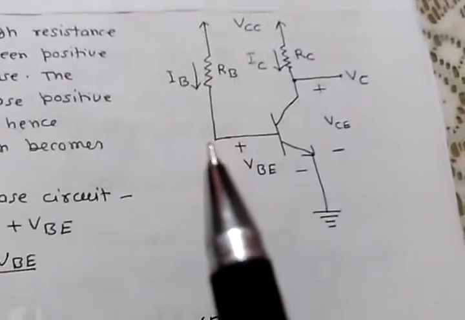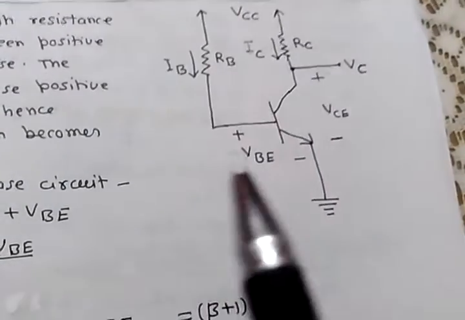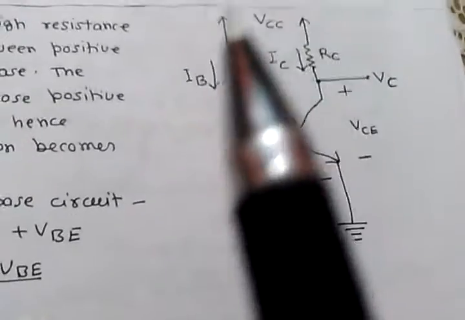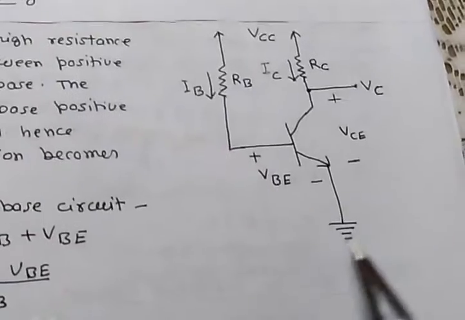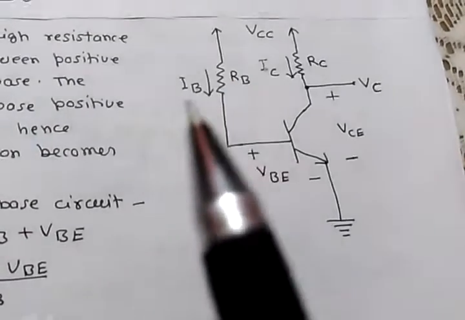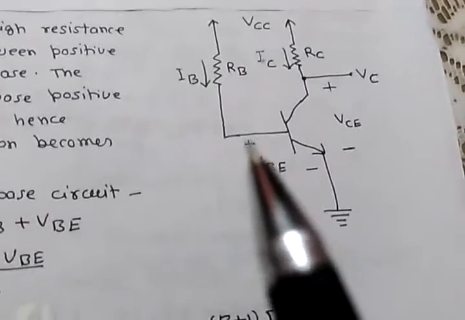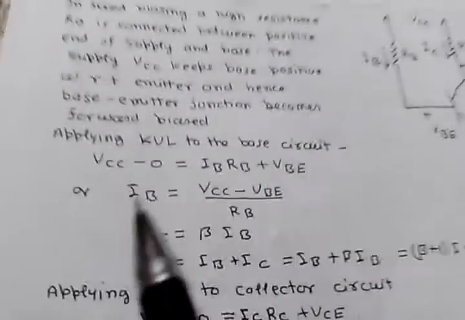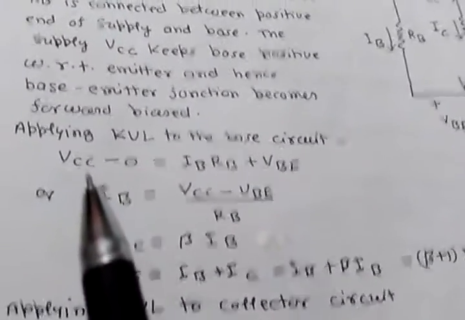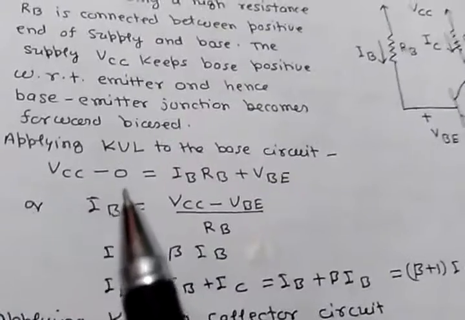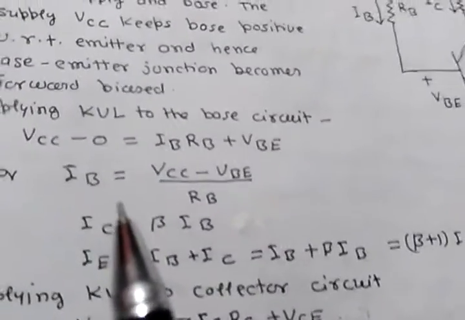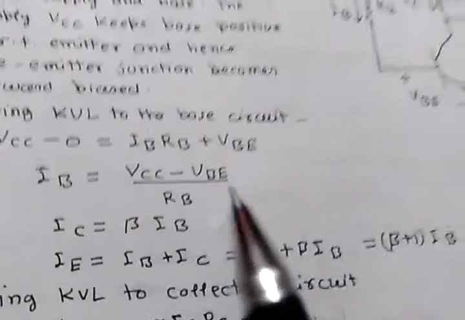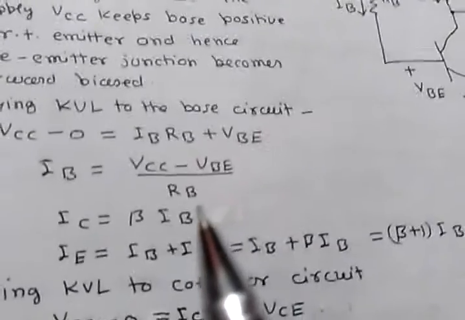We can write the KVL equation for the base circuit as VCC minus 0, because the emitter is grounded, equals IB RB plus VBE. In this way, IB is equal to VCC minus VBE upon RB.